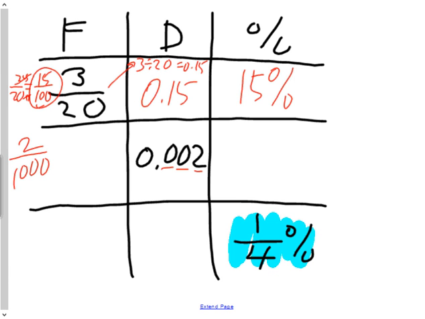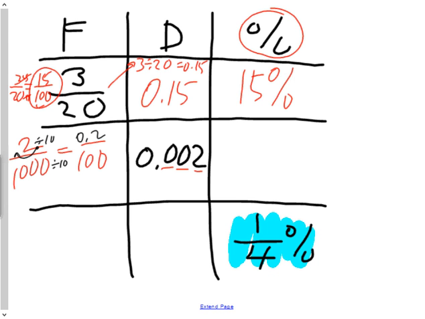That's a fraction. But if I want to get it as a percentage, I know that I have to have it as an equivalent fraction out of 100 in order to be able to write that as a decimal. And here we have to follow our rules of multiplication and division by 10. In this case, 1,000 divided by 10. In order to maintain equivalency, I will divide the numerator by 10 as well. When I divide by 10, I simply move the decimal one place to the left, so the equivalent fraction will be 0.2 out of 100.